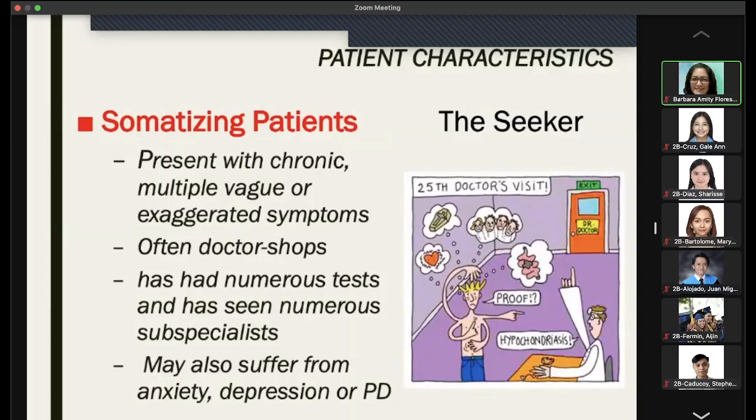Okay. However, we've learned from our domestic violence and our family dysfunction lectures that most of these somatizing patients have actually underlying psychosocial problems. Okay, so your somatizing patients may actually be victims of abuse.